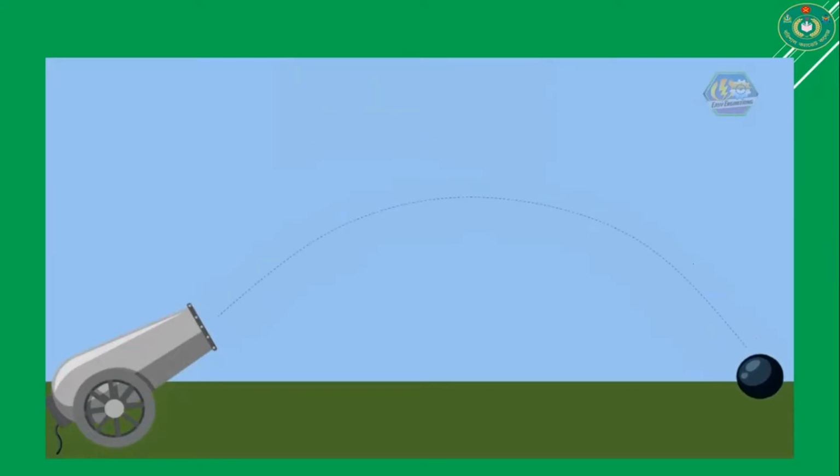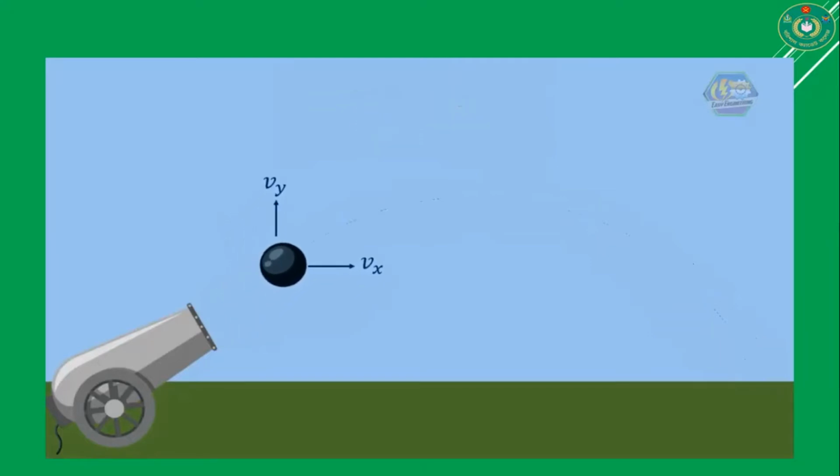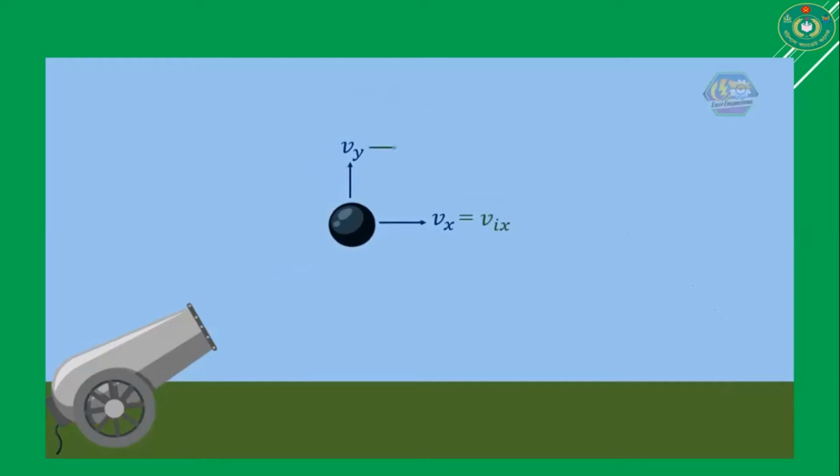First is its velocity. Initially, the cannonball has initial velocity. This initial velocity can be resolved into its x direction as and y direction as. This means that the cannonball is moving upward while moving to the right. When the cannonball moves upward, the velocity in x direction is constant or the same as the value of, while the velocity along y direction is approaching to 0.